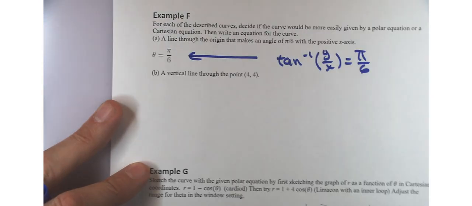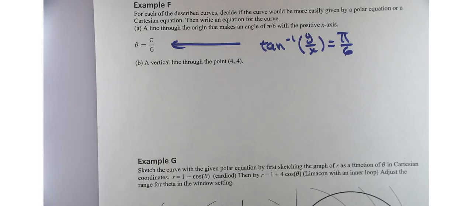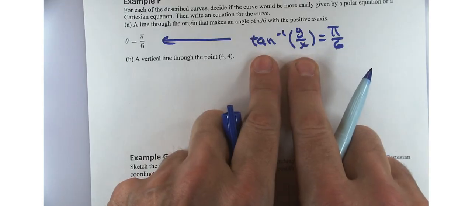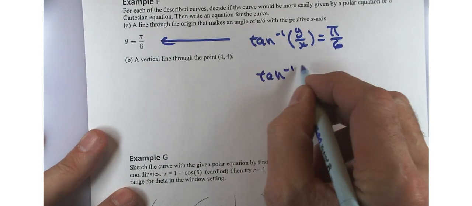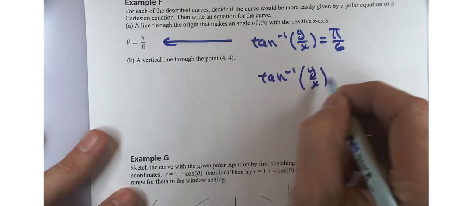That still looks pretty messy. Doesn't look like it got us very far. So, what else could I do? Well, I can take the tangent on both sides. Let's try that.